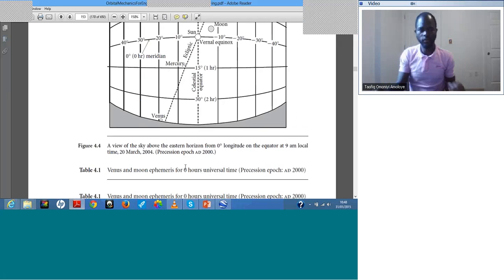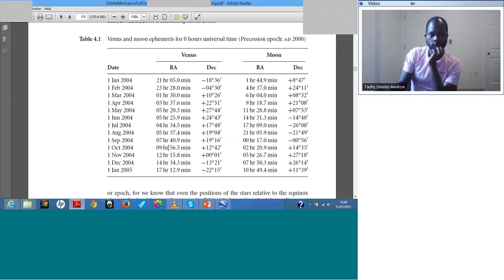We see that for a given date, the right ascension of Venus has been put down, and then the declination. Then for the Moon, the right ascension and then the declination. And this has been done for a number of dates. So this is an ephemeris of Venus and the Moon.